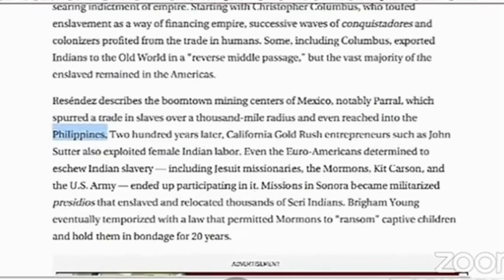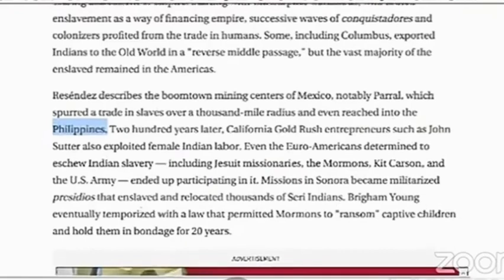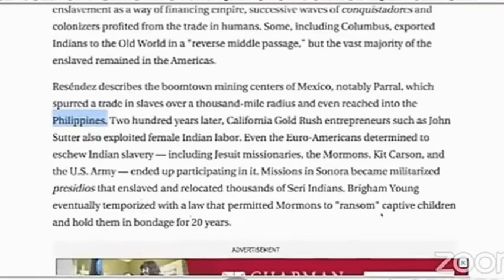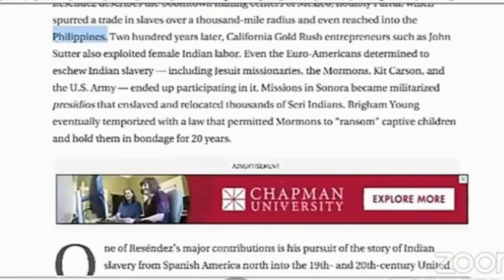Missions in Sonora became militarized presidios that enslaved and relocated thousands of Seri Indians. Brigham Young eventually temporized with a law that permitted Mormons to ransom captive children and hold them in bondage for 20 years. So you see, all these people, these Jesuit missionaries, Mormons, and all these people that supposedly were trying to help, and they're so religious and Christian, right? They were helping enslave your ancestors as well.